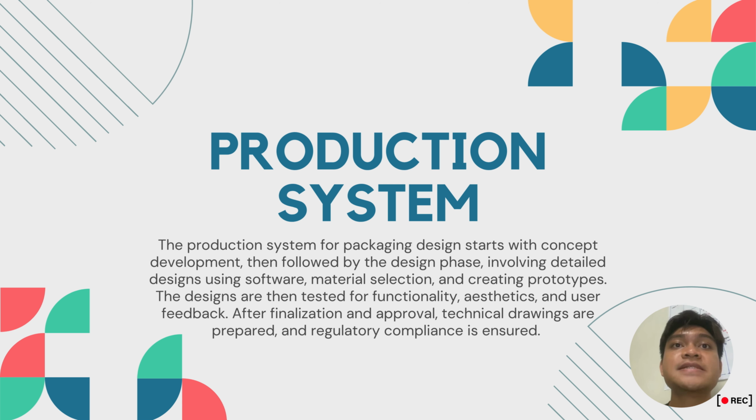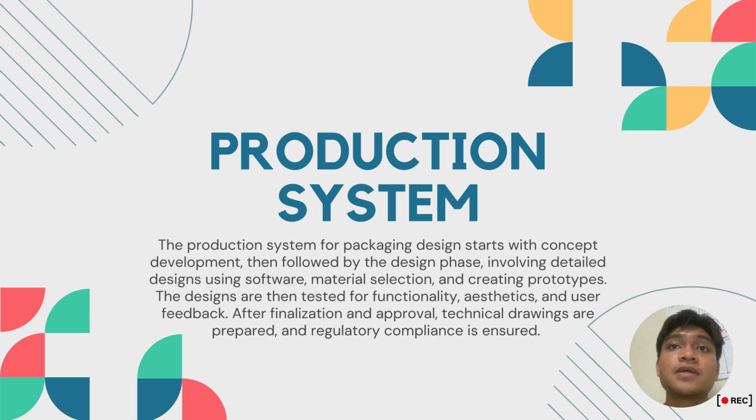There are several aspects that need to be considered in designing this process flow, especially the food materials, packaging materials, and also the packaging design, as stated in my friend's previous presentation.